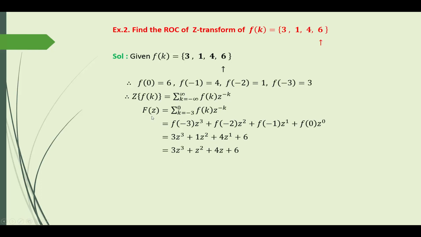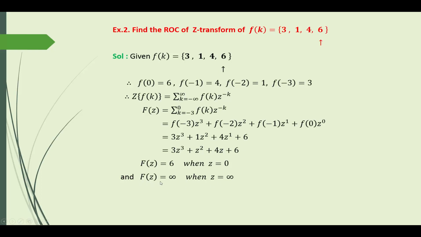Now find the value of F(z) when z is 0 and z is infinity. When z is 0, put z is 0, so 0 plus 0 plus 0 plus 6 means only 6. F(z) equal to 6 when z equal to 0. And when z is infinity, this value is infinity, so F(z) equal to infinity.